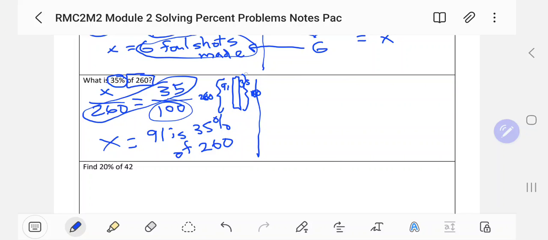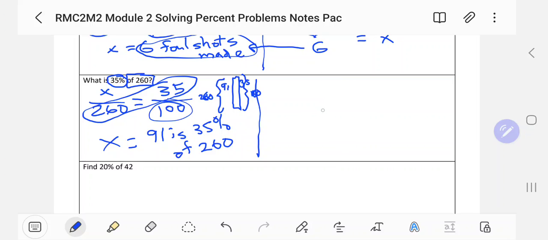Like 35 out of 100 is the same as 91 out of 260, right? 35 kind of fits into 100 three times, and 91 kind of fits into 260 three times. So you can see that equivalent ratio that we want when we're talking proportions.